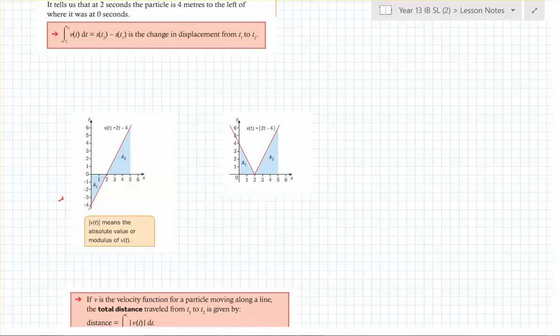The next curve shows you the total distance travelled. So what have they done with area A1? Brought it up. So instead of negative, they've just made it positive. So with total distance travelled, there is no requirement to have a negative area. Everything needs to be positive.